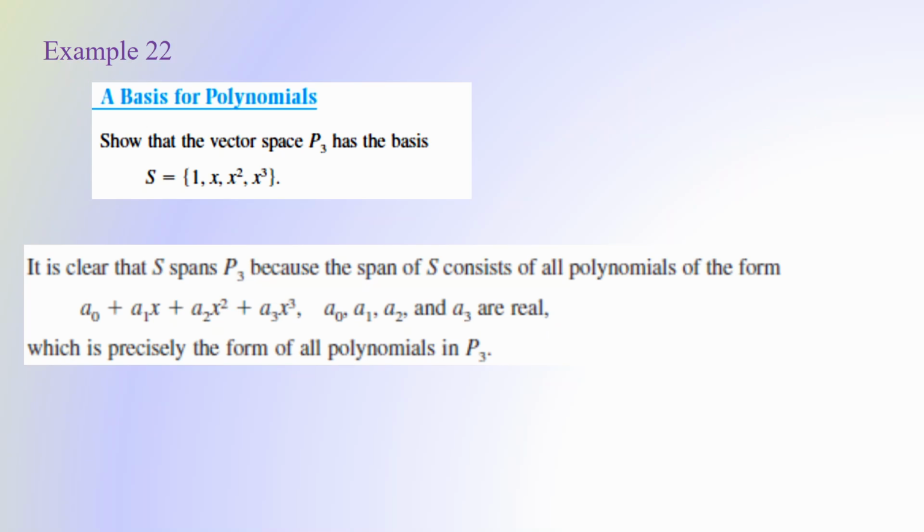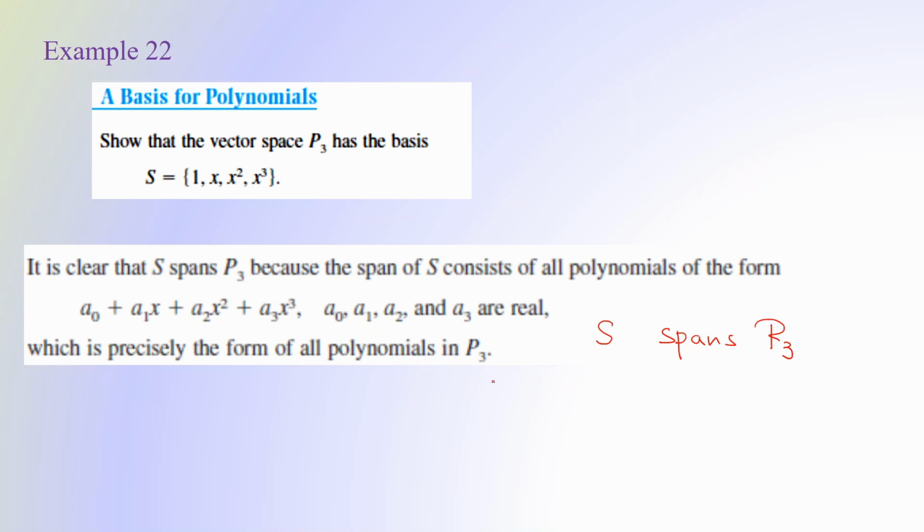So that means any polynomial of degree 3 can be written as a linear combination of 1, x, x squared and x cubed, where a0, a1, a2 and a3 are real numbers. So that means, by taking the linear combination of the vectors in S, we can write down any polynomial of degree 3. So that means we can claim S spans P3.